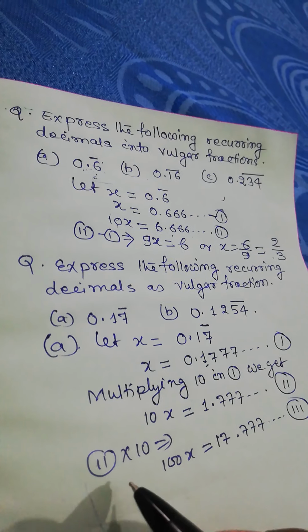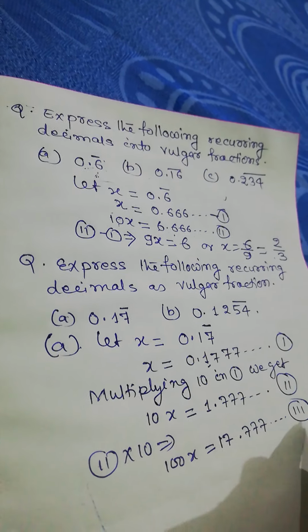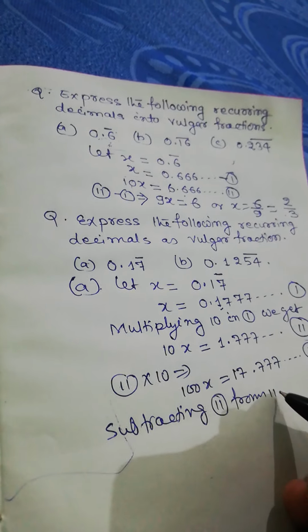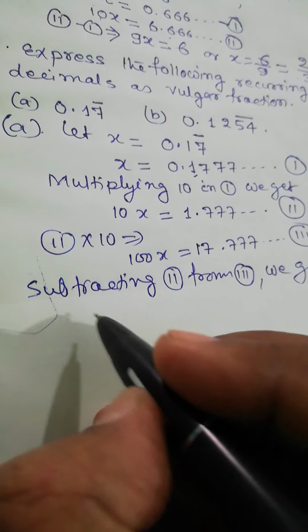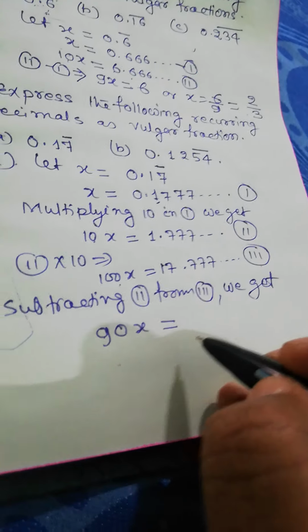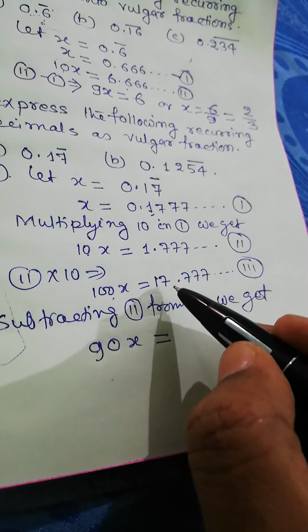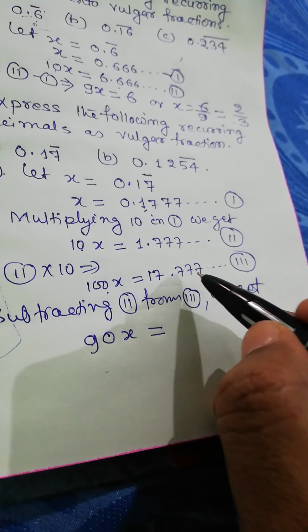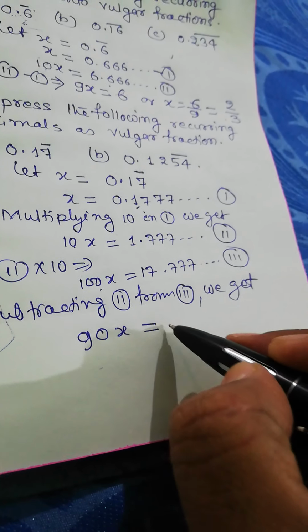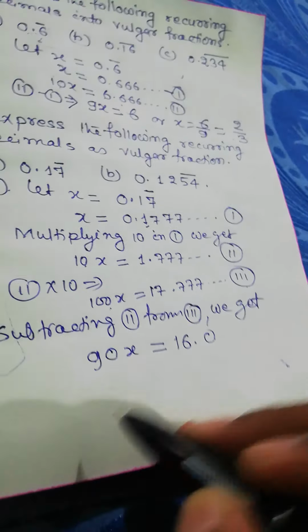Subtracting second from third, we get 100x minus 10x, that is 90x, equal to 17.777 dot dot dot minus 1.7777 dot dot dot, which gives 16.0.